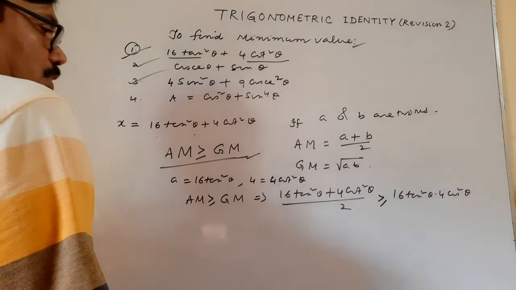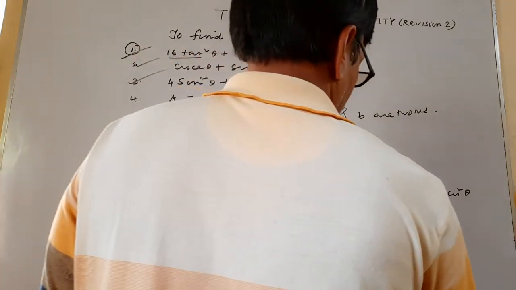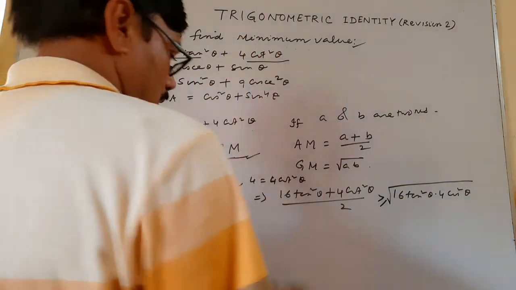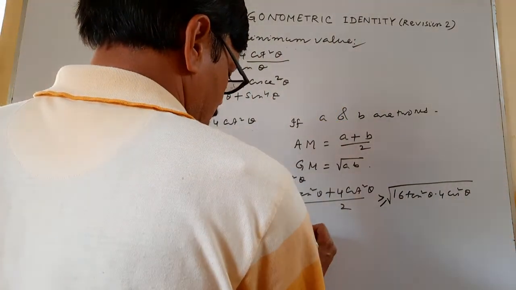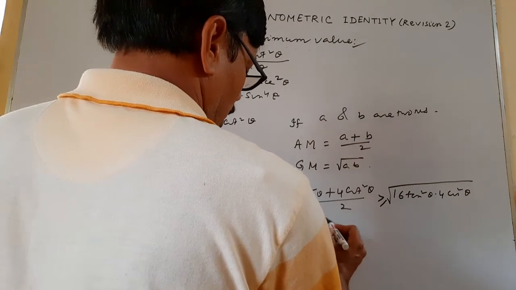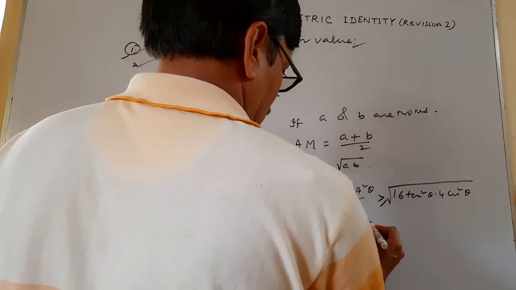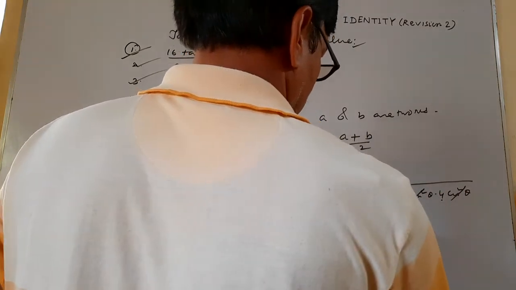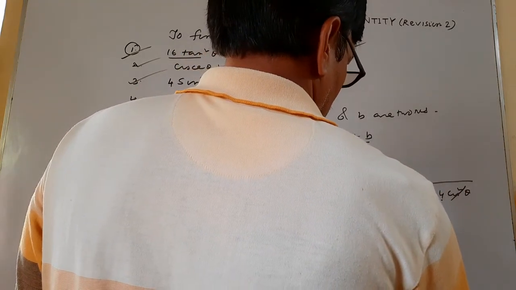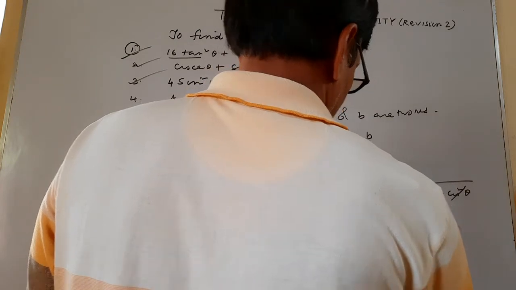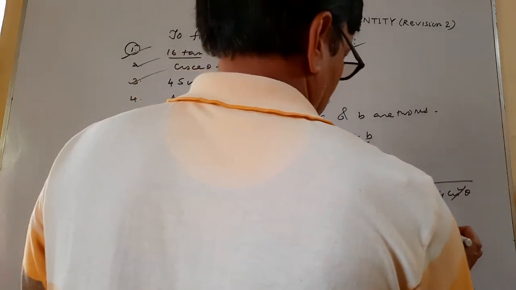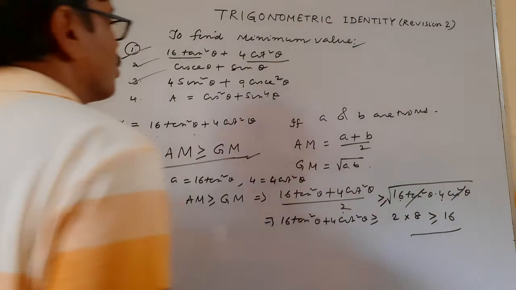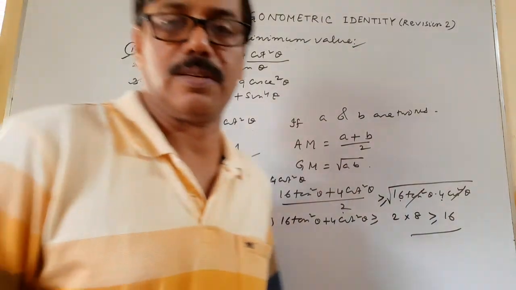So 16 tan square theta plus 4 cot square theta is greater than or equal to 2 times root of 64, the square root is 8. So 2 into 8, greater than or equal to 16. So the minimum value is 16.